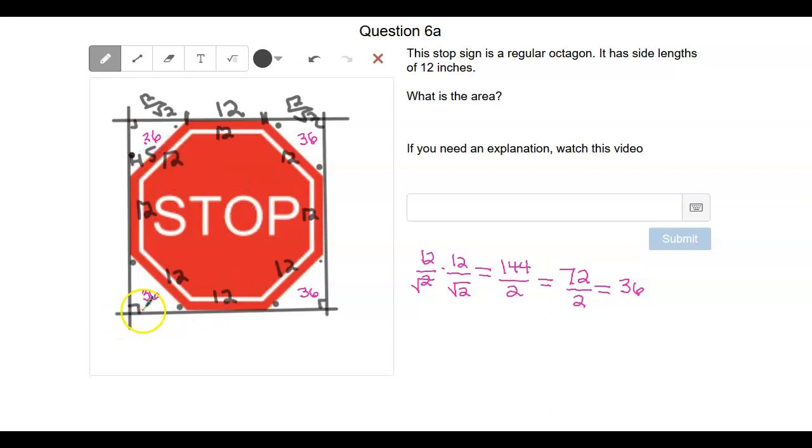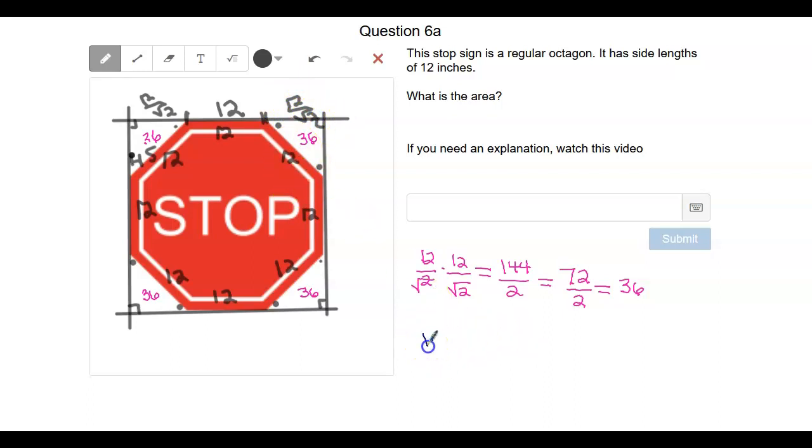Okay, now what I want to do is find the area of this whole big square. So a square is just base times height. To do that, we have 12 plus 12 over the square root of 2 plus 12 over the square root of 2.